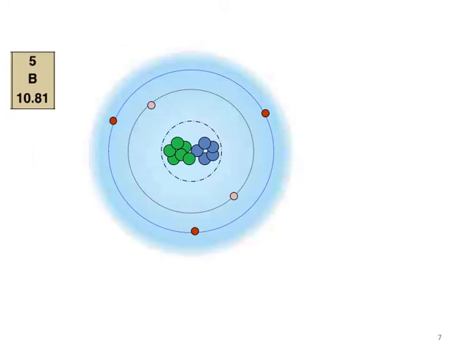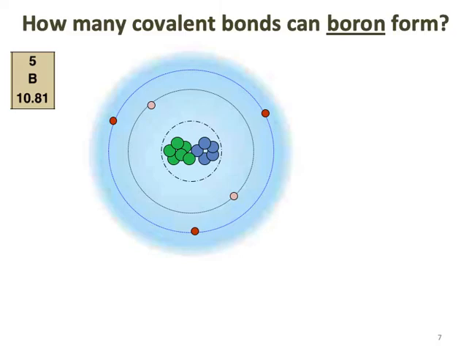Okay, now that we know the structure of boron, or if we know the structure of any atom, we can figure out pretty closely how many covalent bonds it's going to form. So, how many can boron form? Well, first we have to understand the concept of valence.